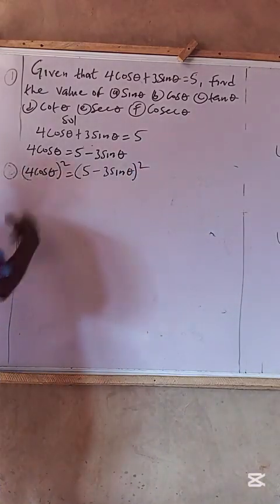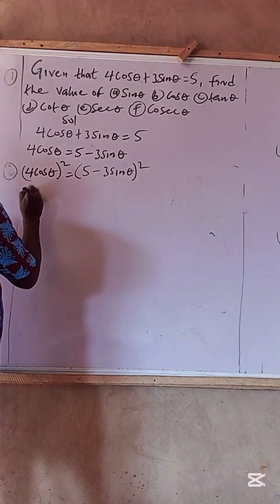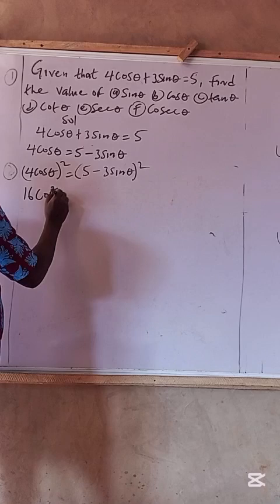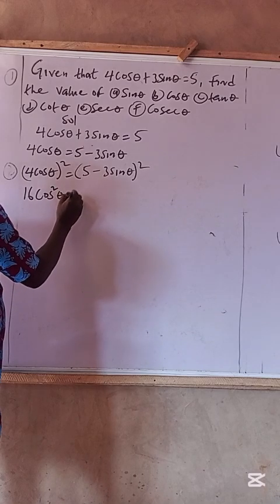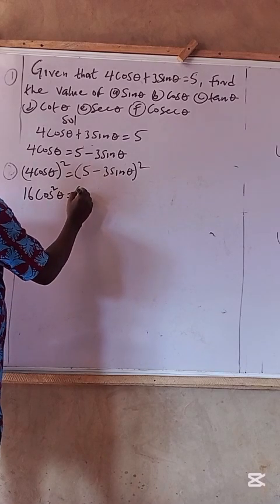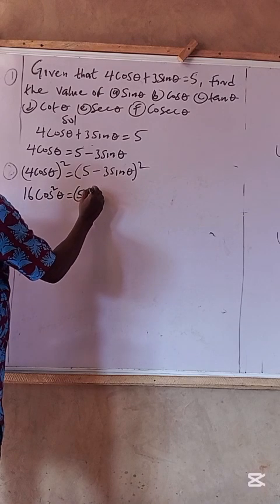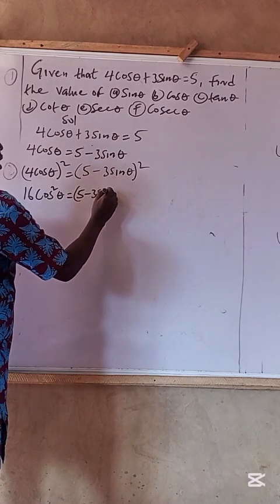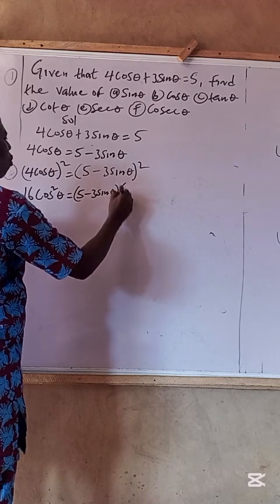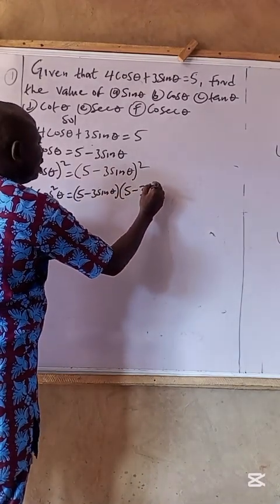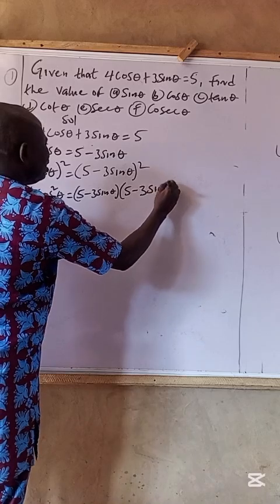This one, 4 times 4, gives us 16 cos square theta equal to 5 minus 3 sin theta times 5 minus 3 sin theta.